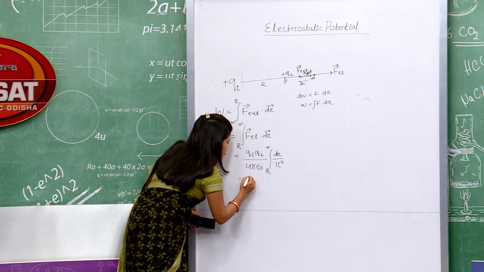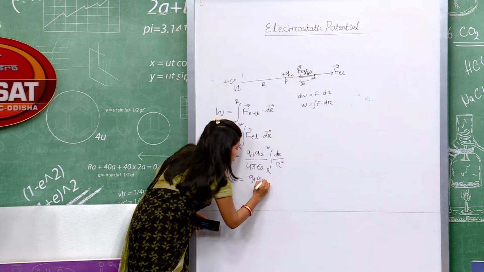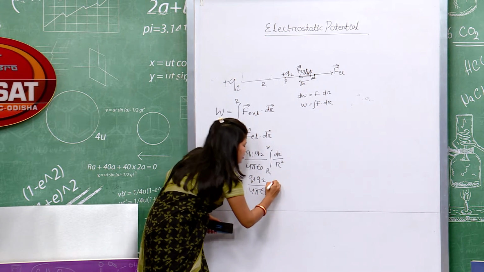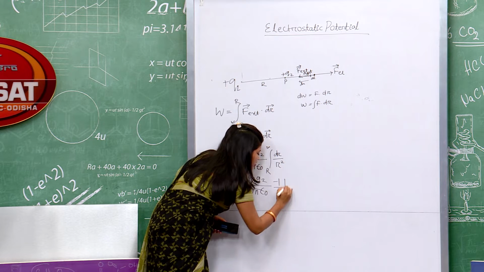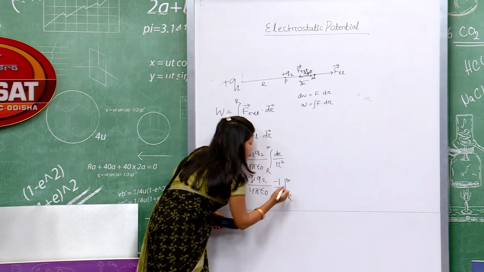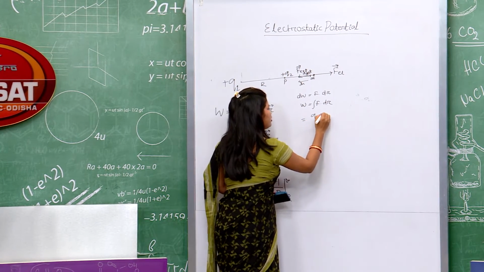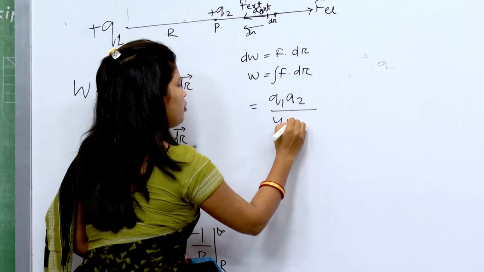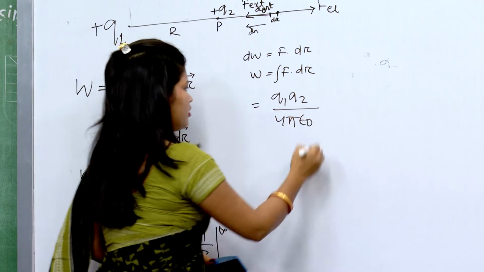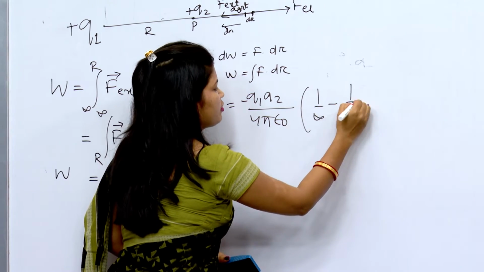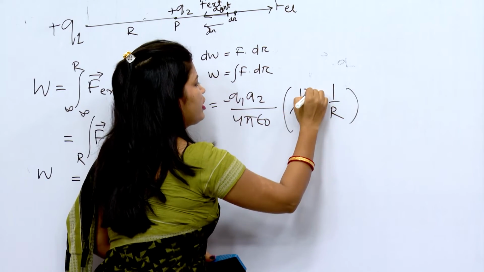So, integrating, we will get q1 q2 upon 4 pi epsilon naught, minus 1 upon r, with limits r to infinity. So, that is equal to q1 q2 upon 4 pi epsilon naught, minus, that is 1 by infinity minus 1 by r. 1 by infinity is 0.